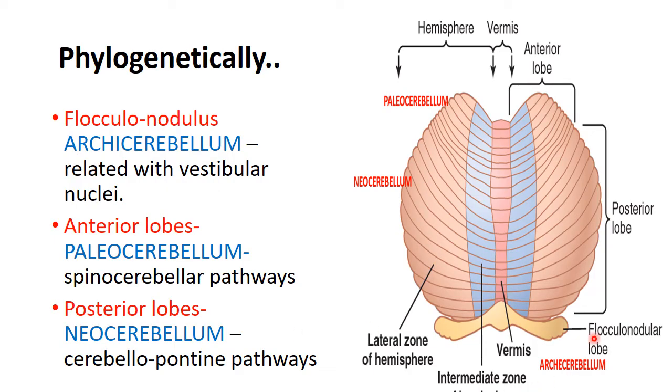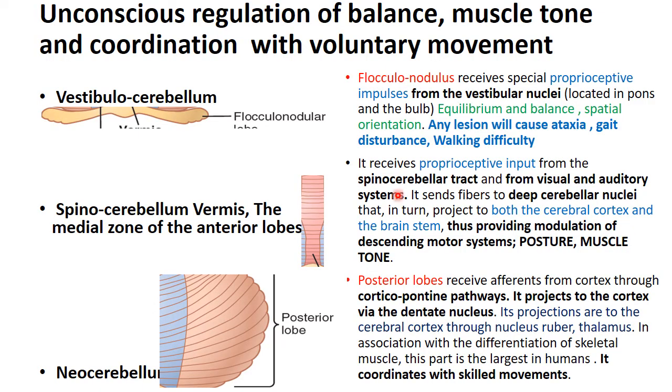Phylogenetically, we know this is the oldest part, this is intermediately older, and this is the newest. Now, the unconscious regulation of balance, tone, and coordination with voluntary movement is the function of the cerebellum. So it works at an unconscious level and also regulates voluntary movement.